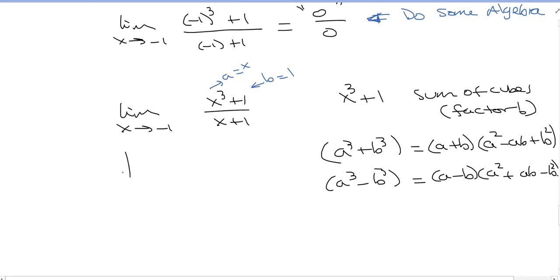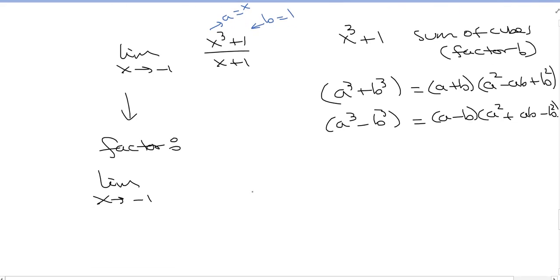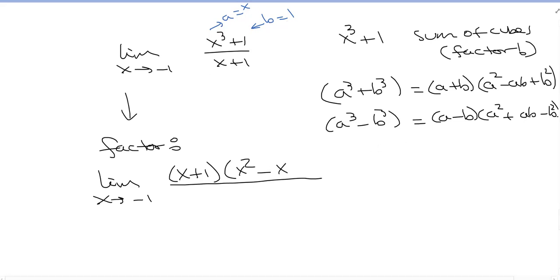So I can then do some algebra here by factoring. I'm going to factor and say this is the limit as x goes to -1 of x cubed plus 1, which factors into x plus 1, a plus b, times a squared, so x squared, minus ab, so x times 1 is just x, and then plus b squared, 1 squared is just 1, all over x plus 1.